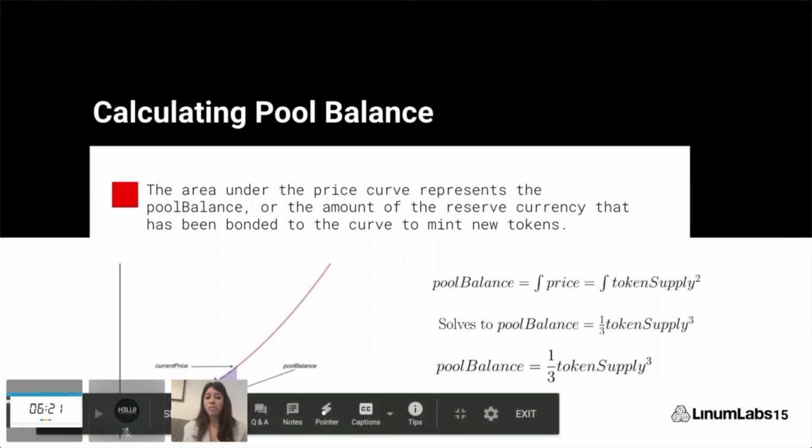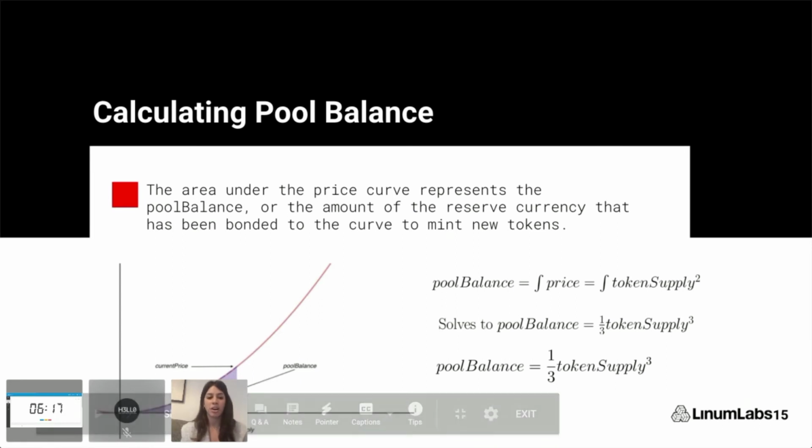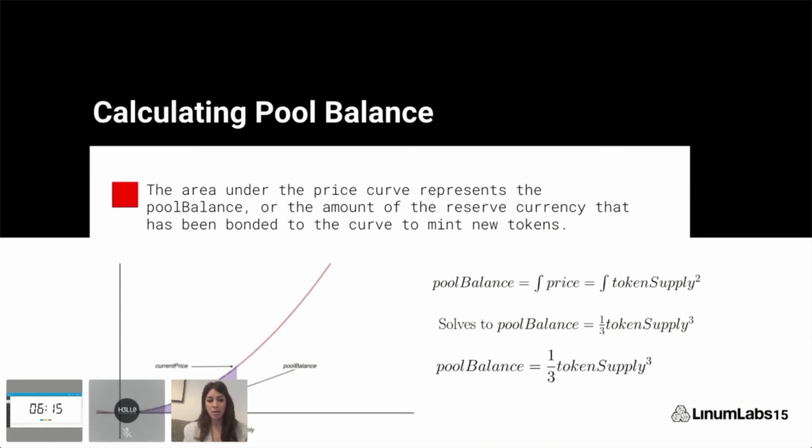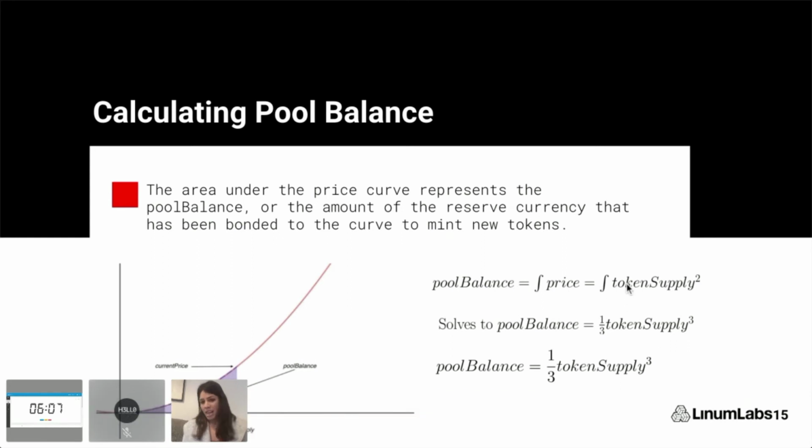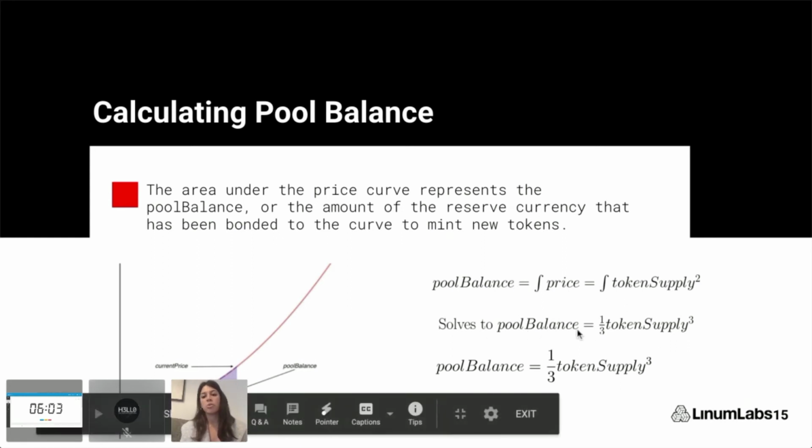If you remember from calculus, to find this area under the curve, it is the integral of the bonding curve algorithm. As shown here, pool balance equals the integral of the price, which is the integral of token supply squared. So you can solve that to pool balance equals 1/3 token supply cubed.